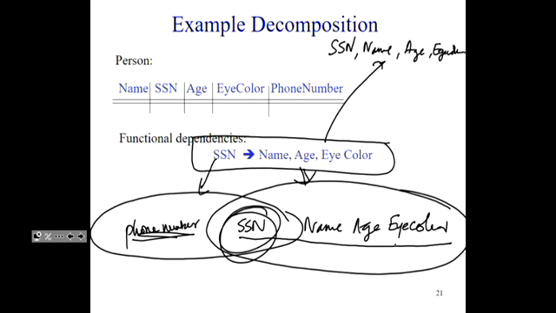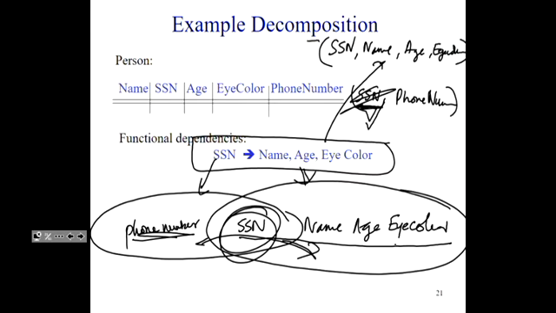And the other relation is SSN, phone number. Okay? And the reason why I kept SSN around in the other relation is so that I can relate the tuples in the two sides with each other. If I had just decomposed it to a phone number, I won't be able to recreate the original relation anymore. Okay, so that's why I've kept the SSN here, not gotten rid of it.